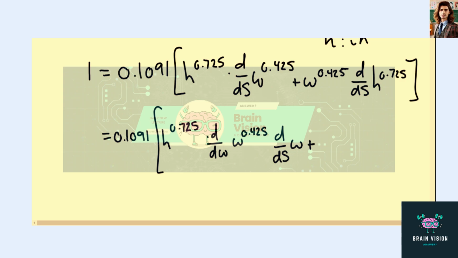And then we'll do a similar thing where we take w to the power of 0.425 times the derivative with respect to h of h to the power of 0.725.